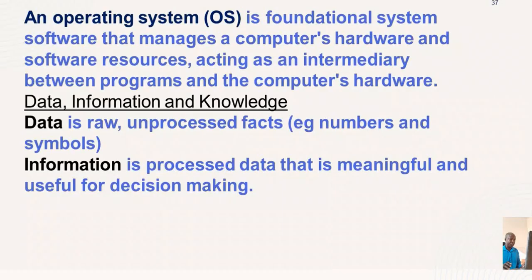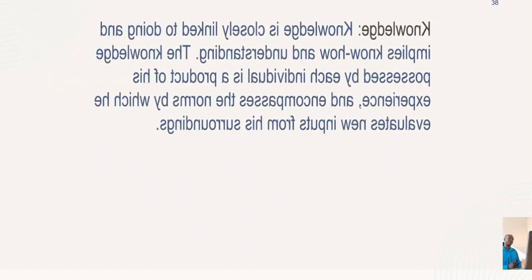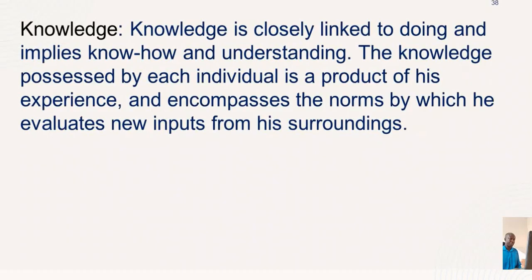Data, information, and knowledge. Data is raw facts, e.g. numbers, symbols. Information is processed data that is meaningful and useful for decision making. Knowledge is closely linked to doing and implies know-how and understanding.